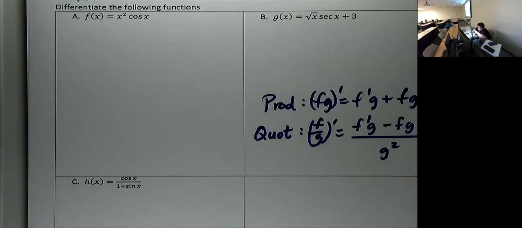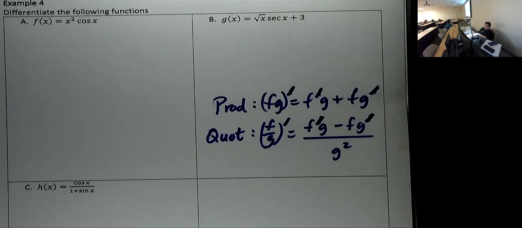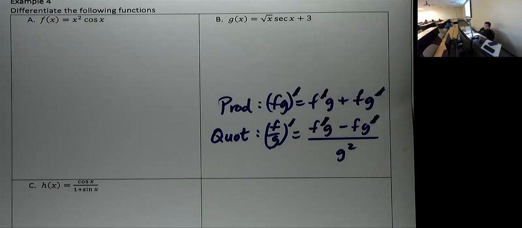Maybe I need to put it at an angle. Working on this for a few minutes, I'm going to hit pause recording again while you work on it.